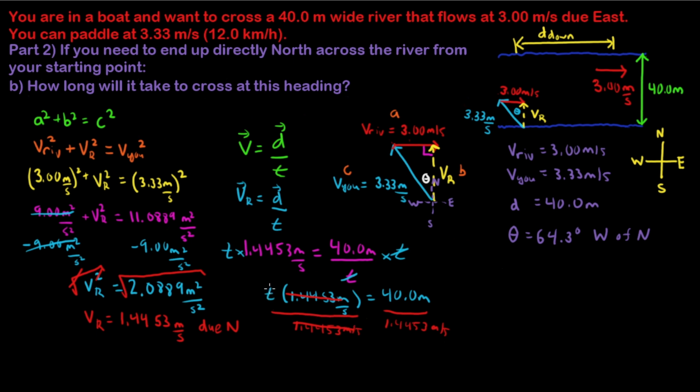This leaves us with just t. And on this side, 40 divided by 1.4453 gives us 27.7 seconds. So how long will it take to cross at this heading? It will take 27.7 seconds.